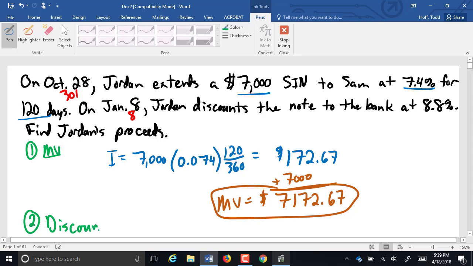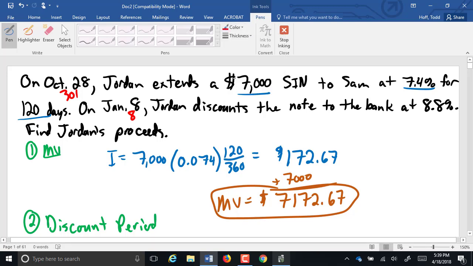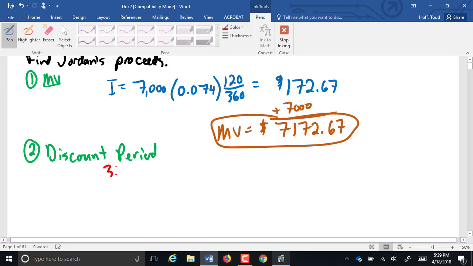Yes, we need to find the discount period. We need to worry about the days. So we're at day 301 there. So what we need to do is do 365 minus 301, 64 days. Plus the 8 days into January is 72 days. Is that our discount period? Say no. No, what do we still have to do?